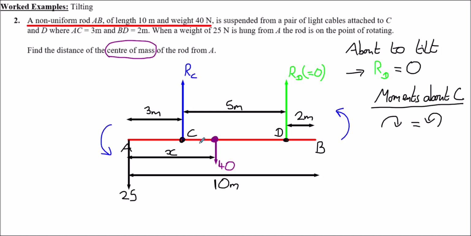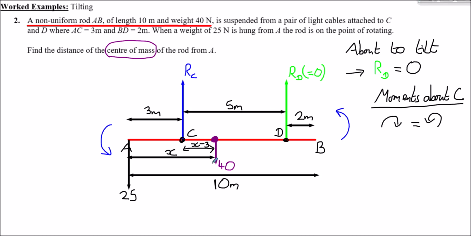So what we can do here though is relate this distance here to x and 3. And so if x is all the way along, but from A to C is 3, then from C to the centre of mass will be x minus 3.